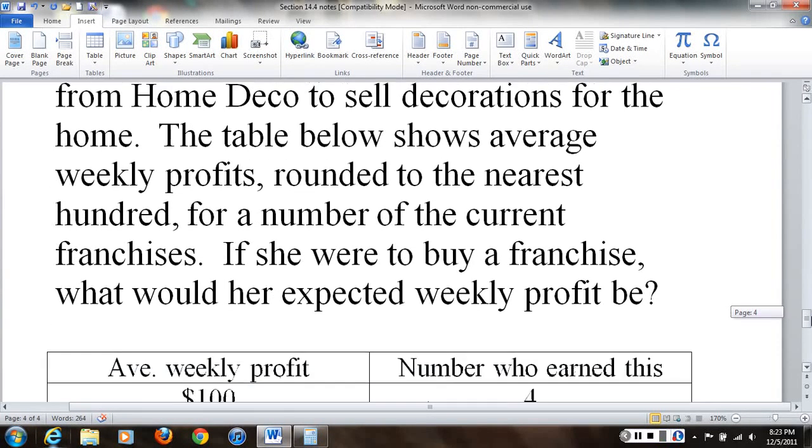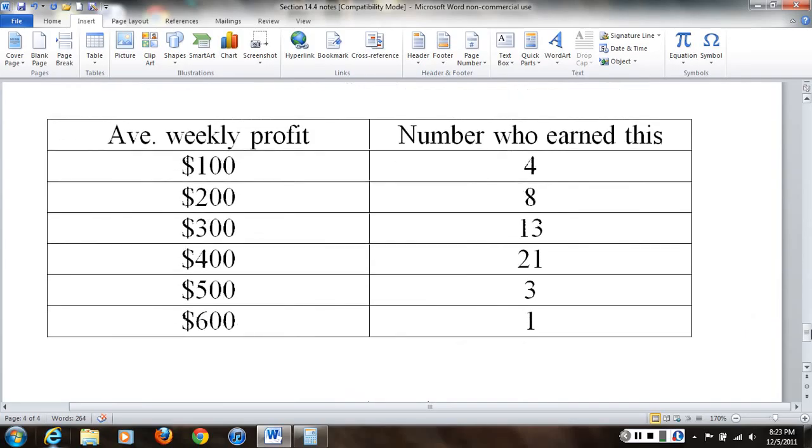And here it is. I love the recreation. Average weekly profit, and then here on the right, who earned each amount. And again, it comes down to average. So she wants to see if she gets a franchise. Now, one thing this question didn't do is tell us how much it costs to invest in the franchise, unless I missed something, and it doesn't look like I did.